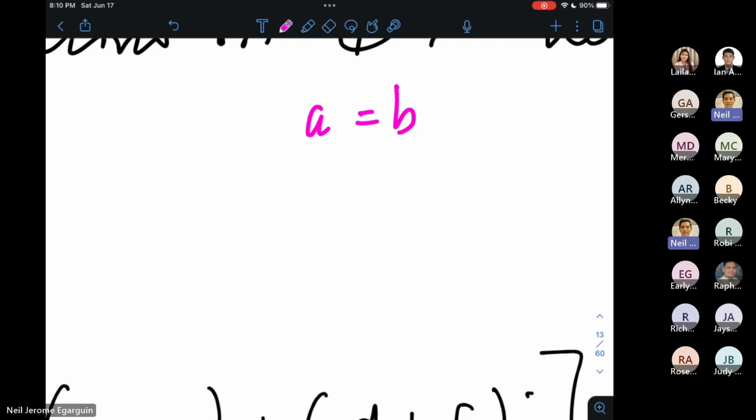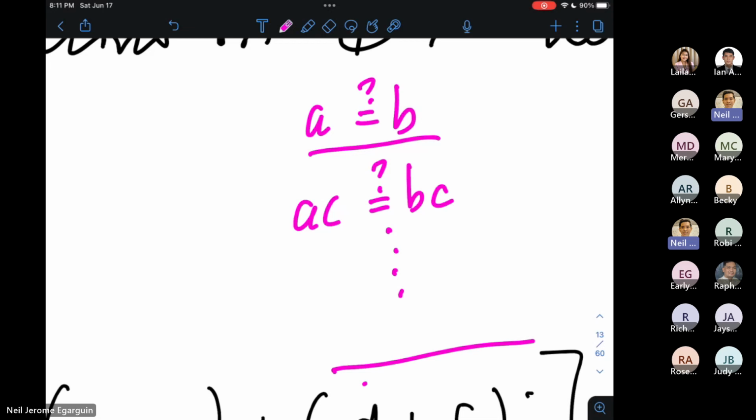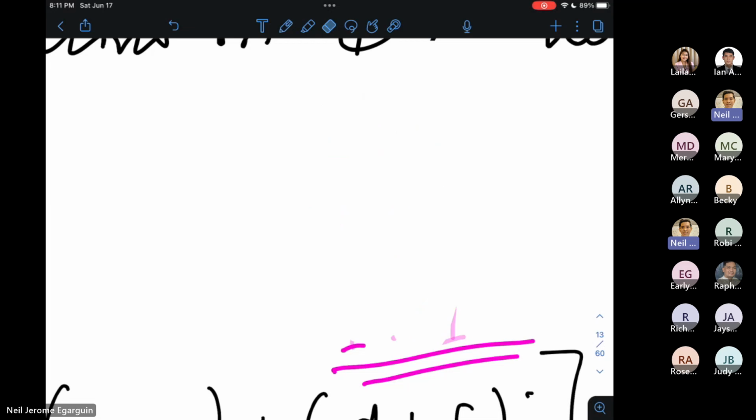Meron tayo dating konsepto na, okay, pwede ako mag-work dito, lagyan ko lang yan ng question mark, tapos magpe-perform lang ako ng operations on both sides, halimbawa AC, BC, and so on, hanggang mapalabas ko yung gusto kong magkaroon ako ng 1 equals 1. Halimbawa, tapos lalagyan ko siya ng check mark dyan. So, dati ganito yung ginagawa natin. Pero if you're doing technical math already, hindi na pwede yung ganyang pagsusulat ng proof.